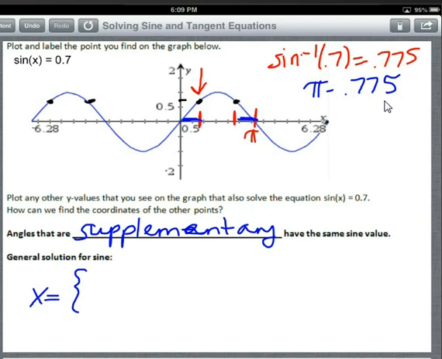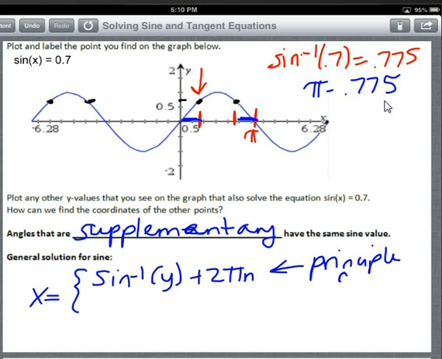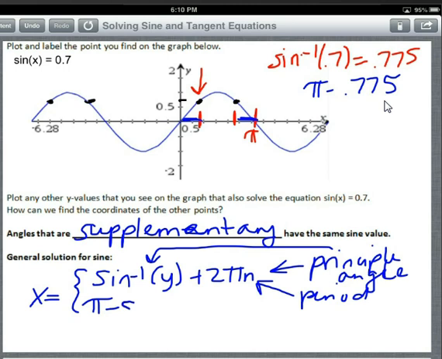Let's say x equals the inverse sine of y plus 2 pi n. This angle here is the principal angle, and this of course would be the period. And then x equals pi minus the inverse sine of y plus 2 pi n.